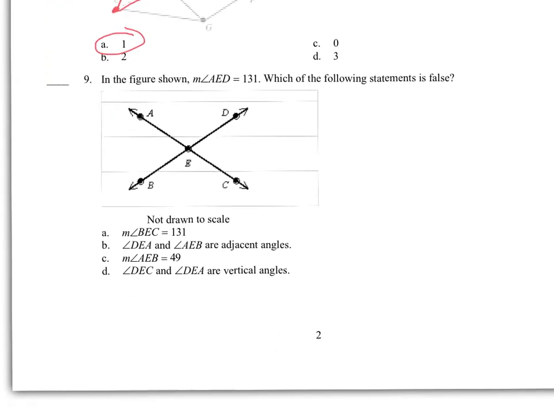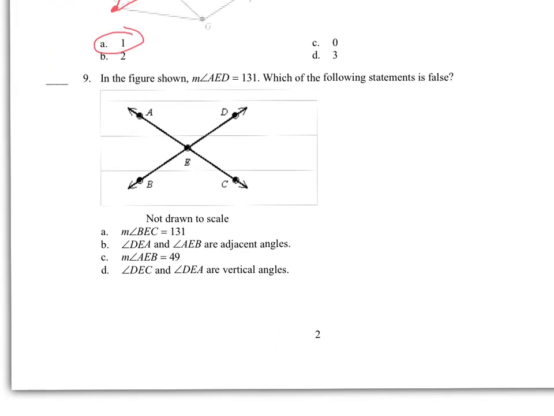Number 9, it says in this figure, angle AED is 131. So this is 131 degrees. Which of the following statements is false? BEC is 131. Well, these two are intersecting lines creating vertical angles.